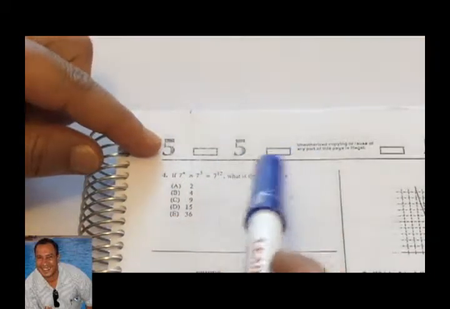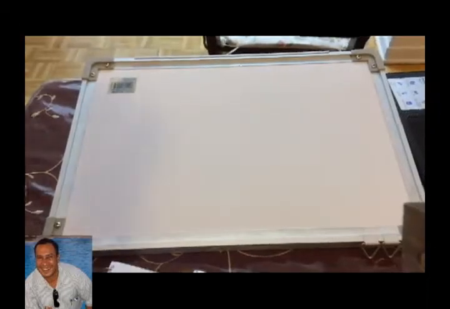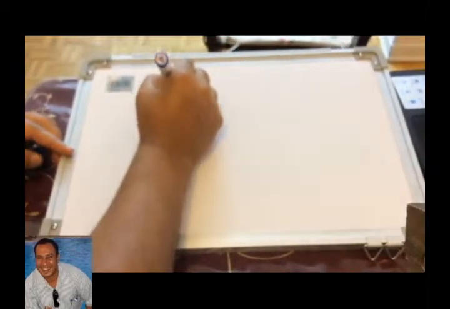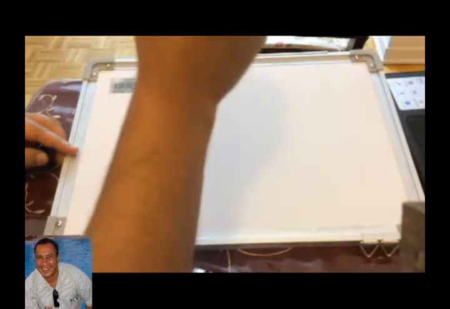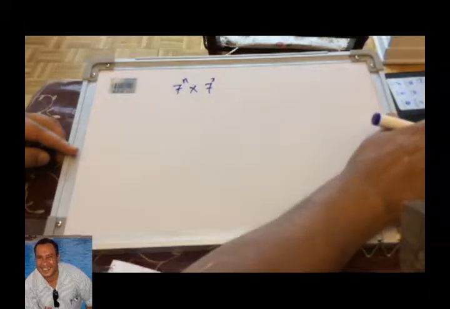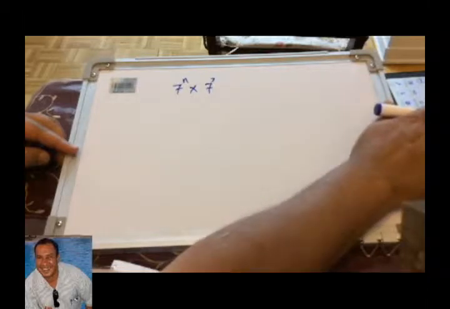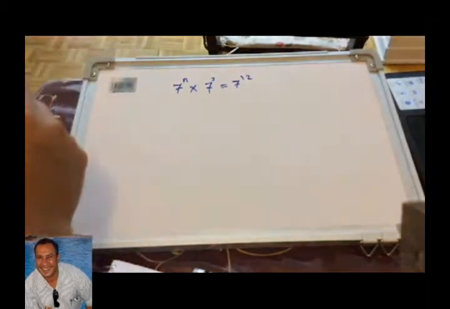What is the value of n? 7 to the power n multiplied by 7 to the power 3 equals 7 to the power 12.